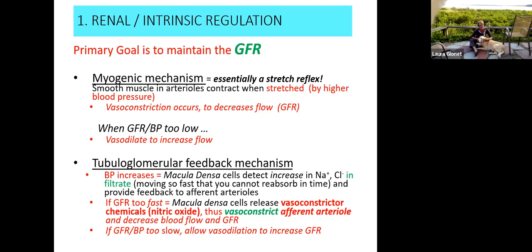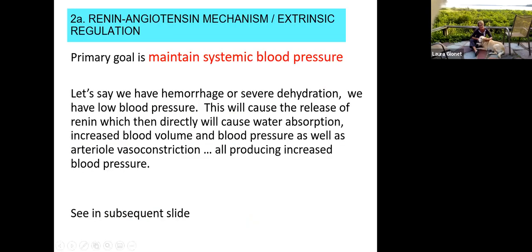All right, but then we have extrinsic regulation. In extrinsic regulation, we start looking at those hormones we looked at, really all four hormones of blood pressure and blood volume. We have the renin-angiotensin mechanism, which we were just describing before. The primary goal here, when the source is extrinsic to the kidney, is to maintain appropriate systemic blood pressure.